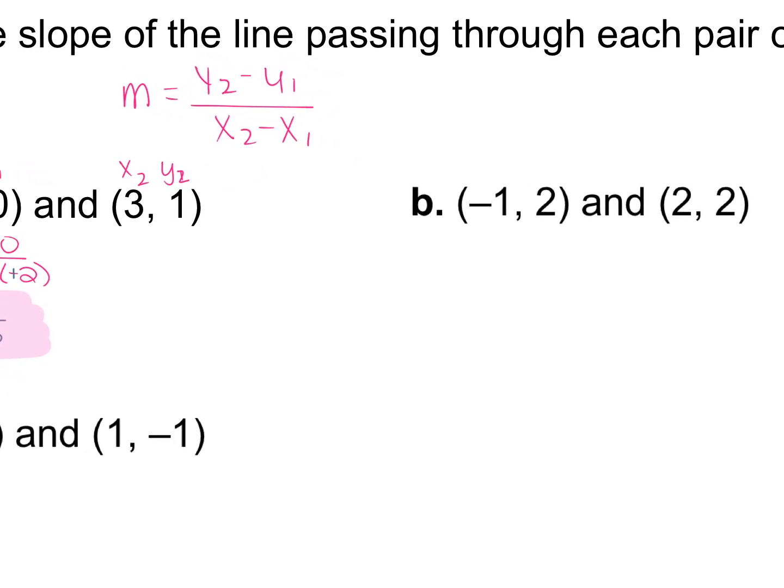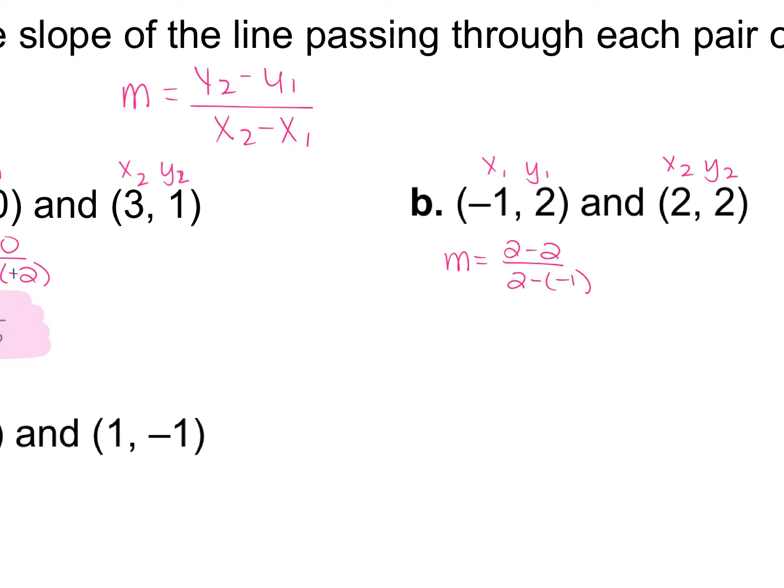For example B, we have the points (-1, 2) and (2, 2). I'm going to label (-1, 2) as x1 and y1, and (2, 2) as x2 and y2. Using the formula y2 minus y1 over x2 minus x1, we have m is equal to 2 minus 2 over 2 minus -1.